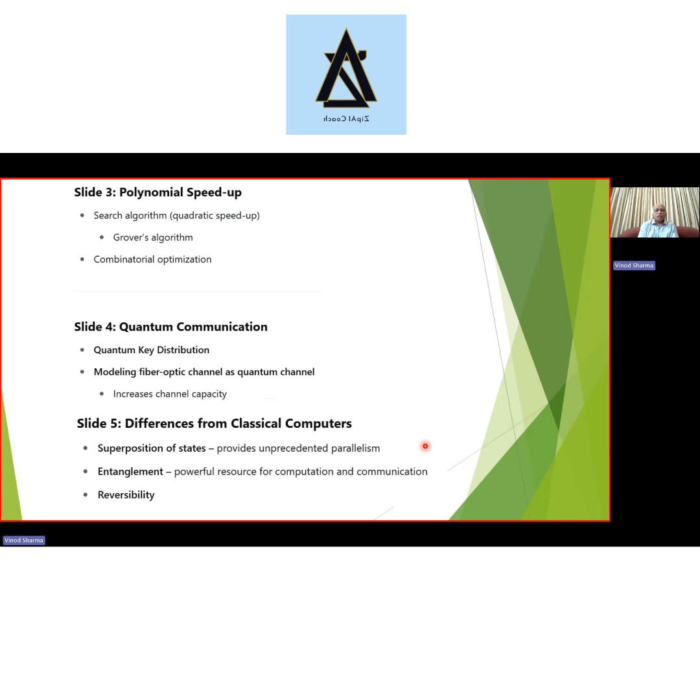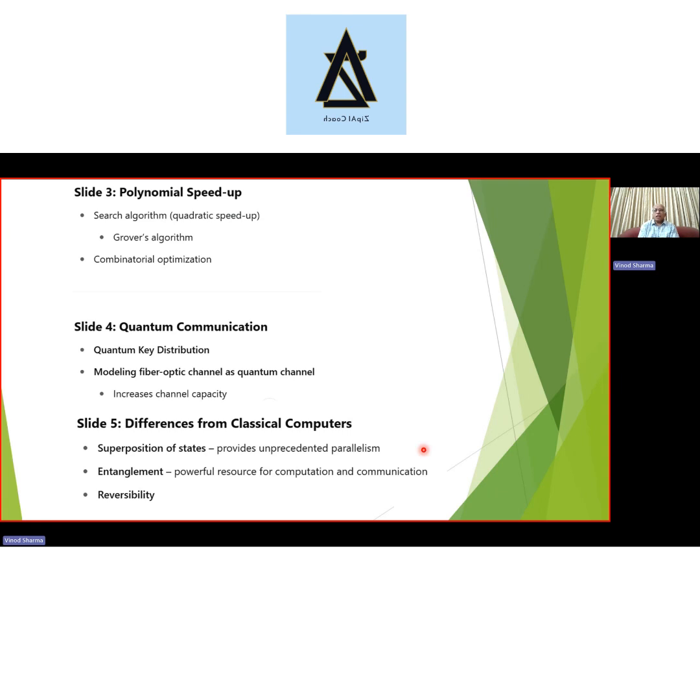In quantum computers, unlike in classical computers where bits take a value of either 0 or 1, there can be a superposition of states. And because of that, we can get unprecedented parallelism in quantum computers, the kind of parallelism which is not possible in classical computers. To get parallel computing in classical computers, you have to have parallel hardware channels.